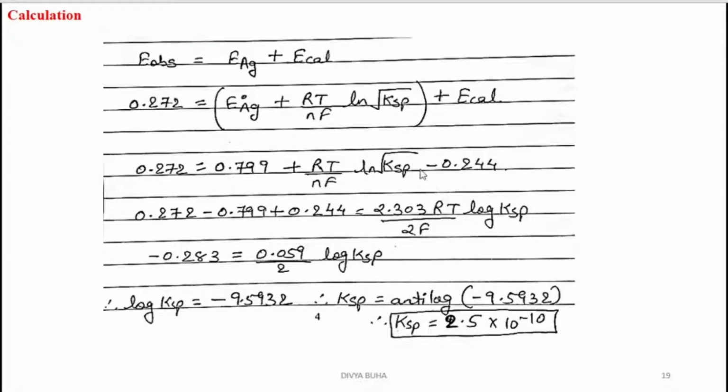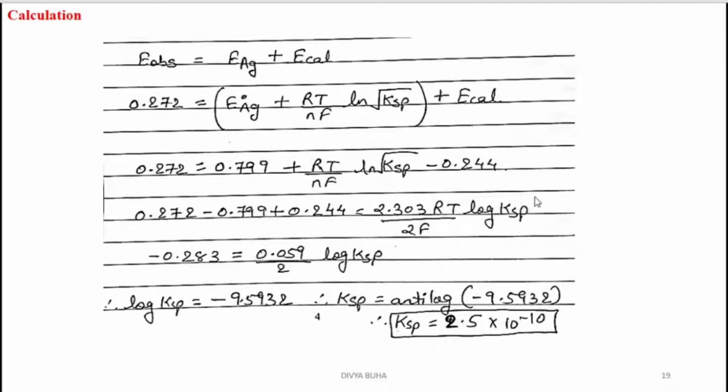Now if you want to convert this ln into log, you have to multiply it with 2.303. So over here we are multiplying this value with 2.303 and converting ln into log. Now if you want to remove this under root, then you have to divide this value by 2.